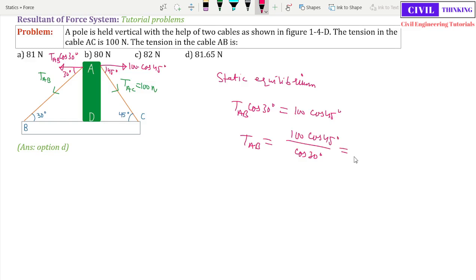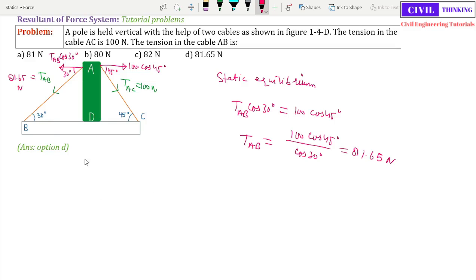Now let me use a calculator. The approximate tension in the AB cable, I found it to be 81.65 newtons. So for this pole AD to be vertical, the tension in the cable has to be 81.65 Newton. This is how we solve this problem.